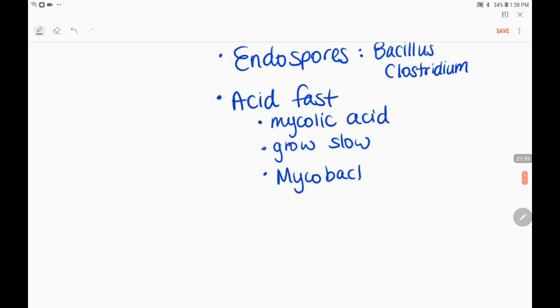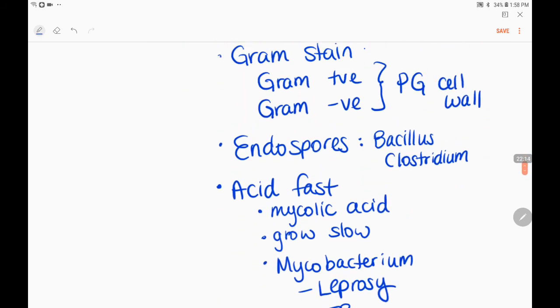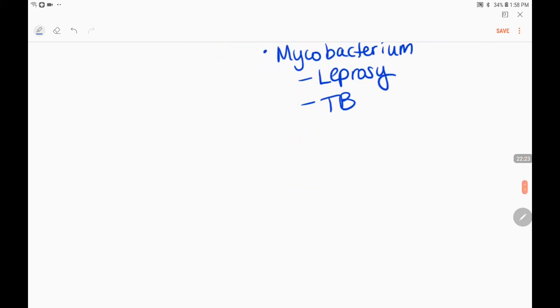These mycobacteria cause leprosy, also known as Hansen's disease, and they also cause tuberculosis. We can tell this from the different stains. These differential stains are typically 2 stains, and the different colors they turn tell us these different things, and we'll talk more about that in class.